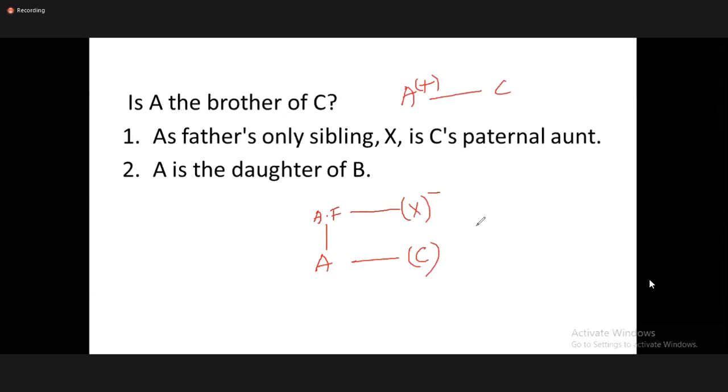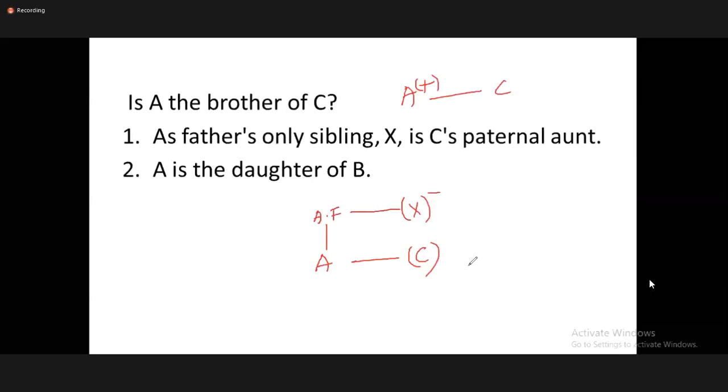With this, are you able to say A is a brother of C? We don't know, right? Because you don't know A's gender, on what basis will you say. So one alone is not sufficient.